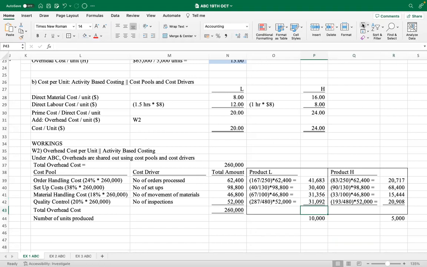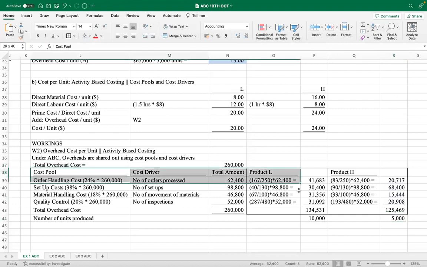Now we get the total overhead for product L. It is 134. Total for product H is given there.